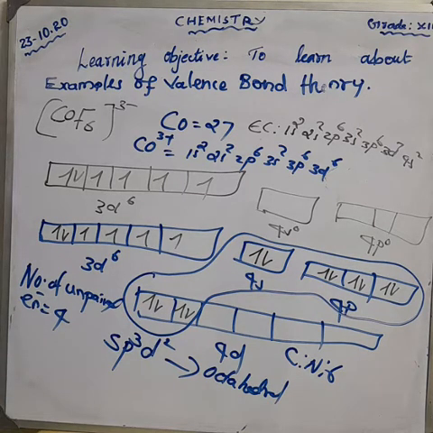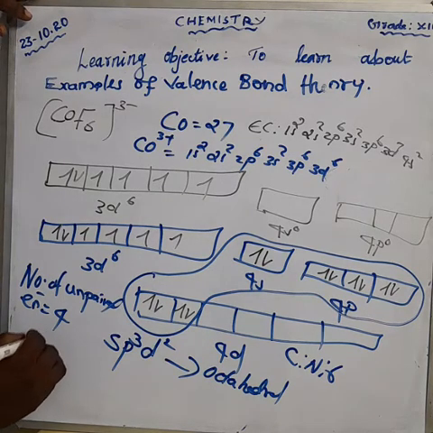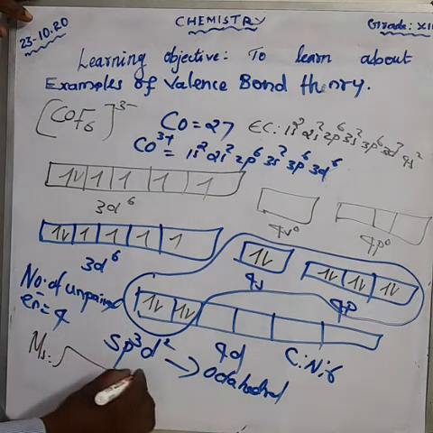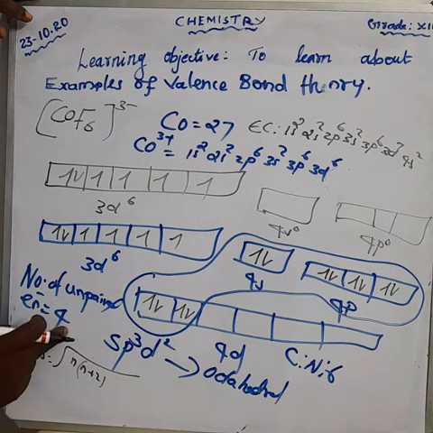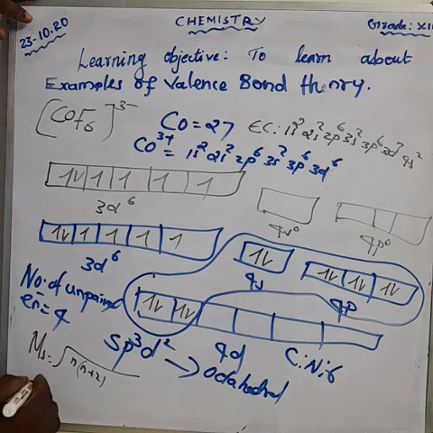Clear? So you should find out the mu calculation. How can you find it? The magnetic moment, mu s, is equal to root of n into n plus 2, where n is the number of unpaired electrons, 4.